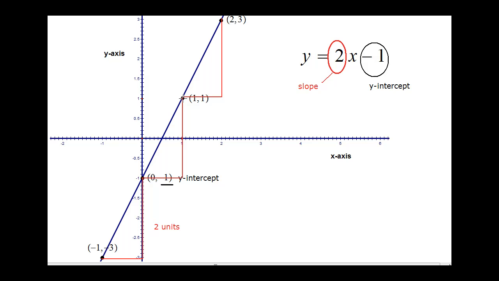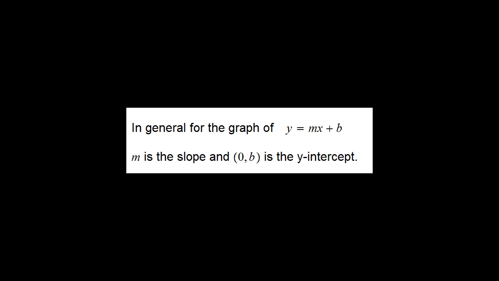For 1 unit of run, I'll have 2 units of rise. So in general, for the graph of y equals mx plus b, m represents the slope and b gives us the y-intercept.